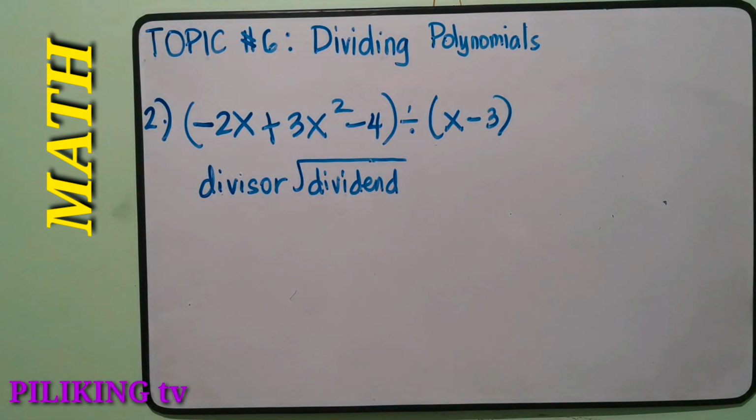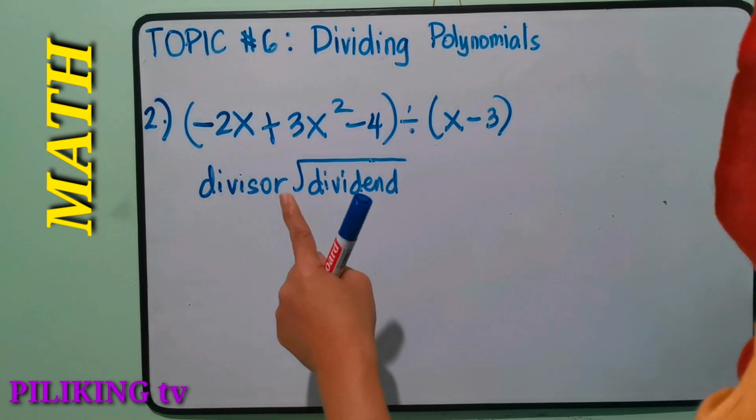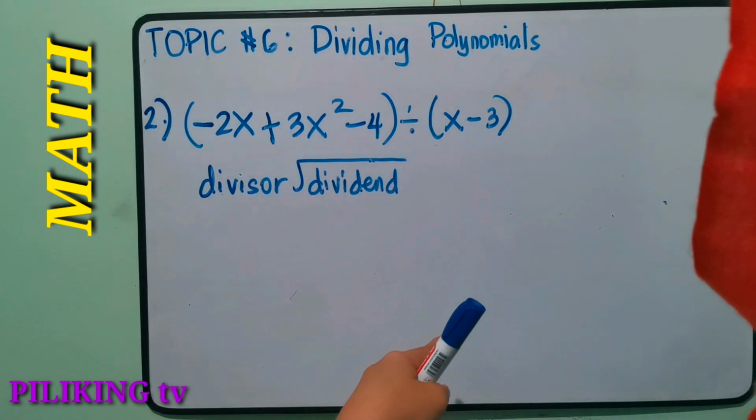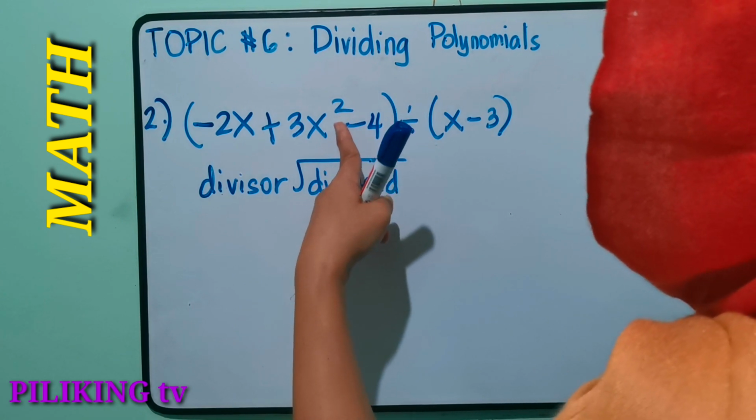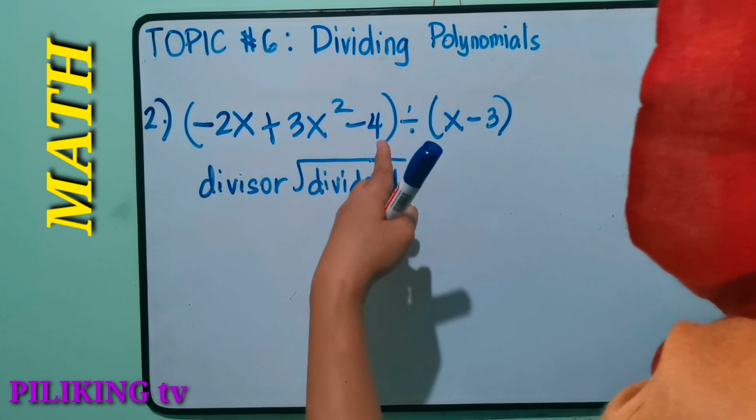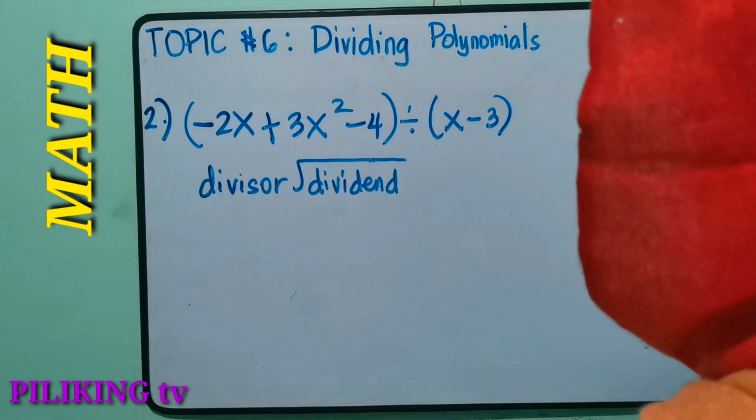So that is the first step, with the terms of the divisor and dividend arranged according to the descending power of the variable. So you are going to always arrange the descending power of the variable from greatest to least.